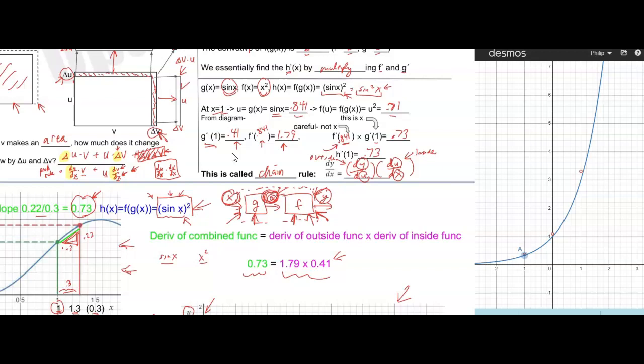In principle, I'm just trying to convince you that we can find the derivative of a composite function by taking the derivative separately of the inside and outside function and multiplying them together. By the way, why is it called chain rule? Because when you're done, you have created a chain by putting these two links together.